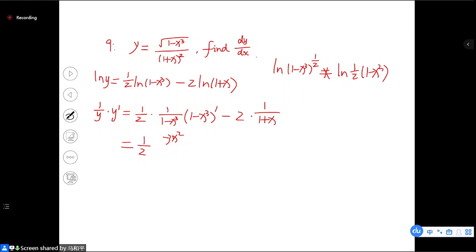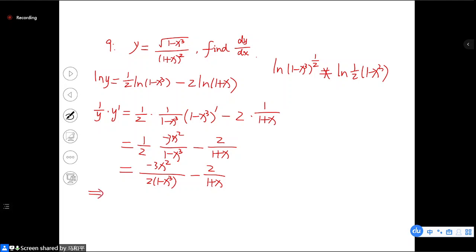Negative 3x squared over 1 minus x cubed, minus 2 over 1 plus x. So it's equal to negative x squared over 1 minus x cubed, minus 2 over 1 plus x. And so we can write this as y prime over y.